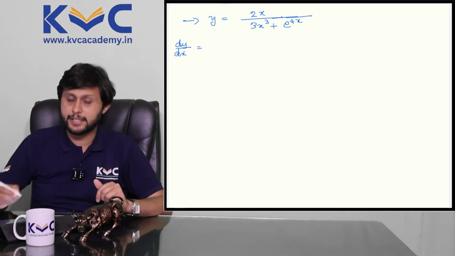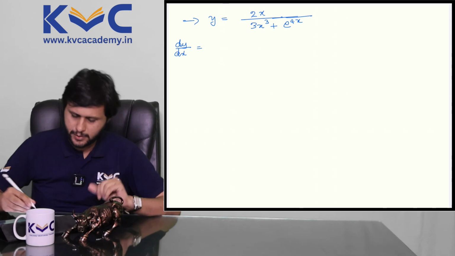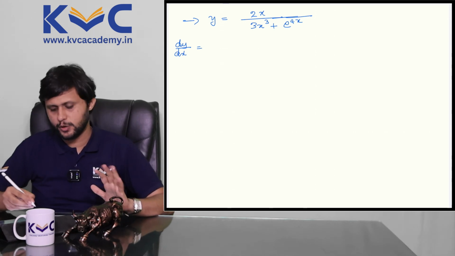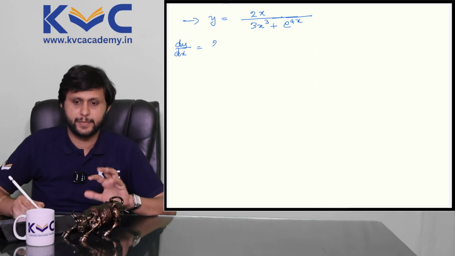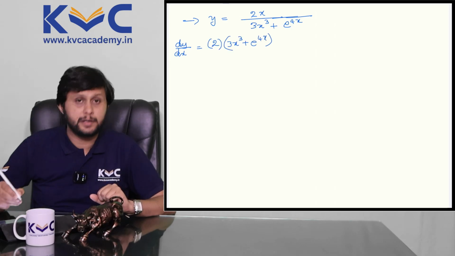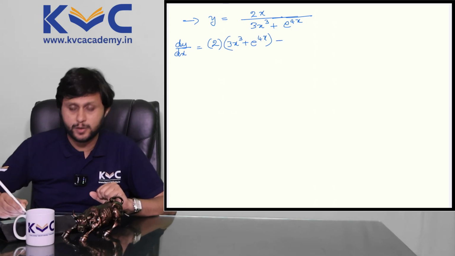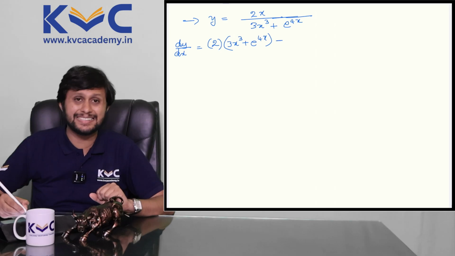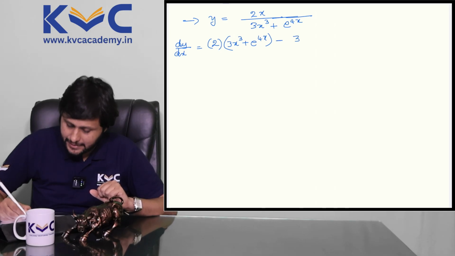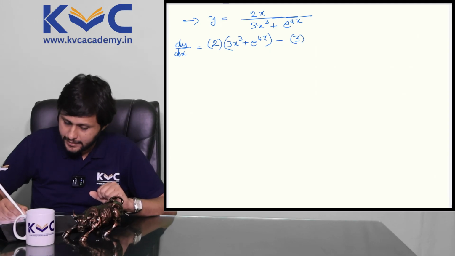Differentiate numerator. Now I'm not gonna write that expansion form and all. We are going a little faster now. Differentiation of numerator, differentiation of 2x is 2, into denominator as it is, minus differentiation of denominator, differentiation of 3x cube. 3 into constant rule, right? 3x square.